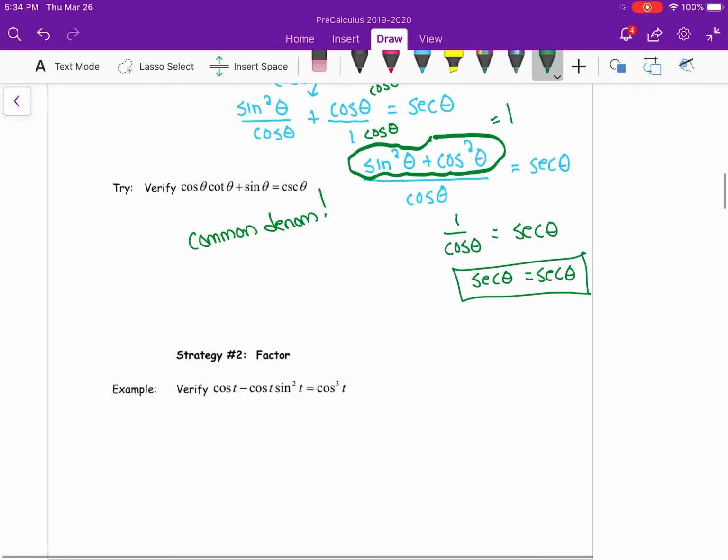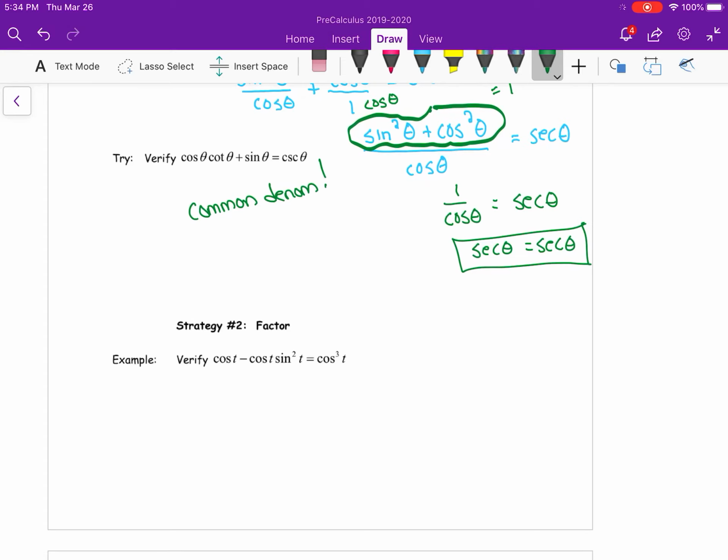The second strategy that we're going to look at in the first part of this lesson is factoring. When we look at the left side in this example, there are two things that look the same in each part of this equation, and it is a cosine of t. So we can take that cosine of t and factor that out.